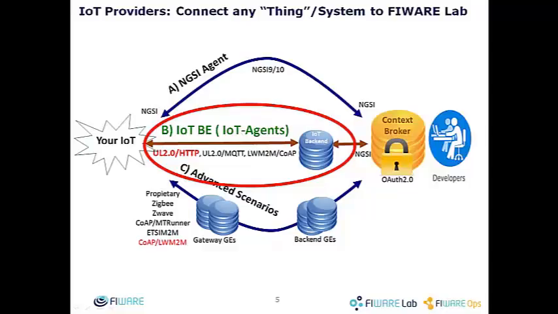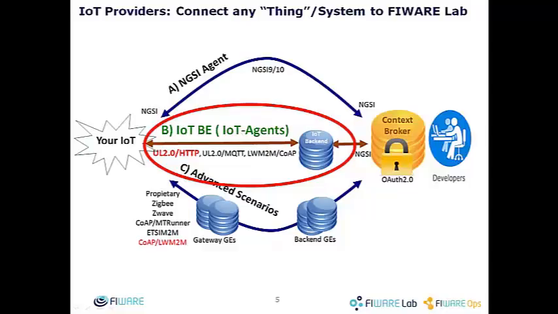In that case, you wouldn't be using any enabler or any pre-built technology, but you would develop your own NGSI application, and you would just publish your information coming from IoT to the context broker.